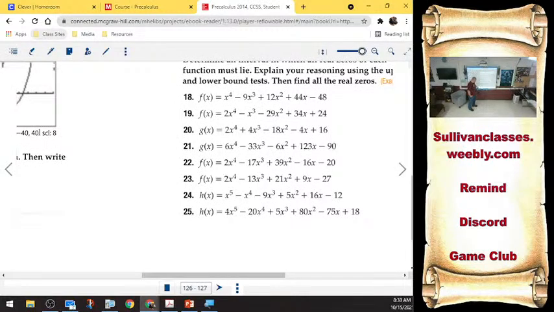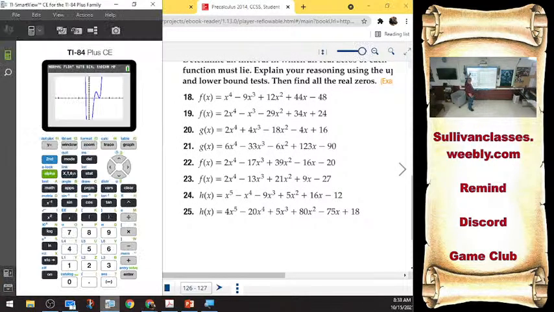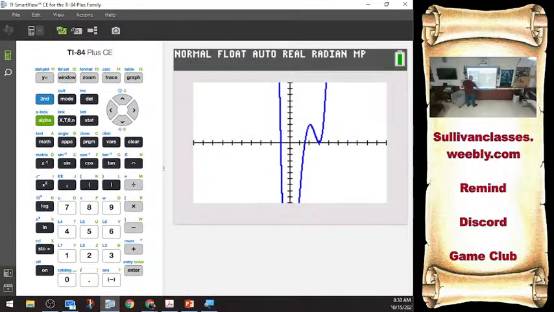Only real zeros. So I'm going to do the function of -2, and I'm going to do the function of 4.